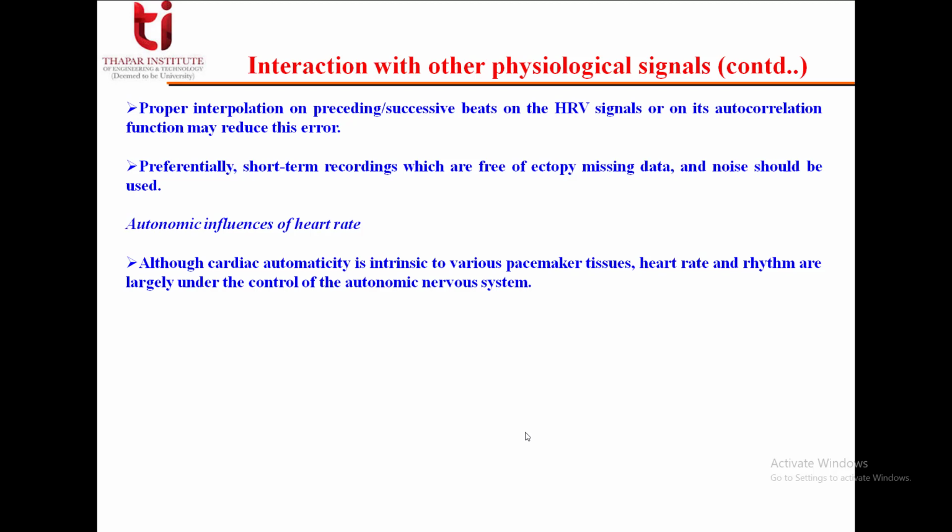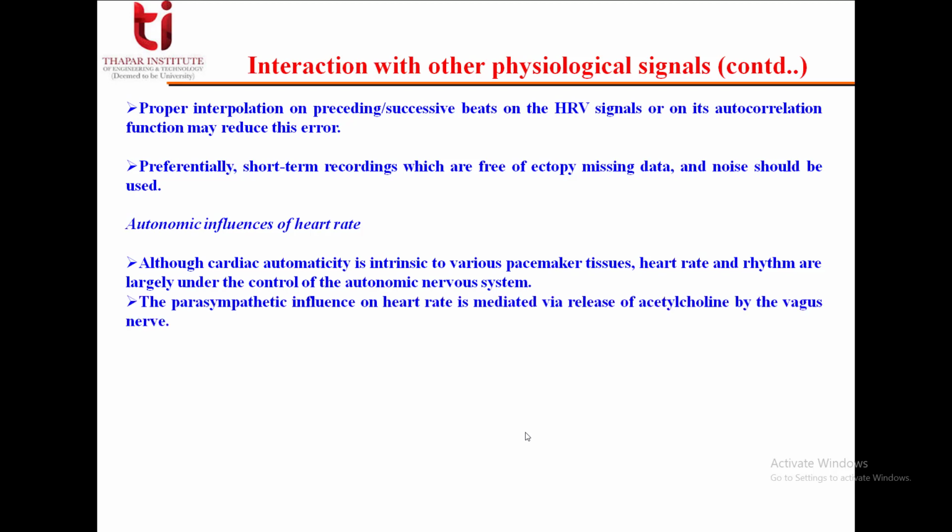Although cardiac automaticity is intrinsic to various pacemaker tissues, heart rate and rhythm are largely under the control of the autonomic nervous system. The parasympathetic influence on heart rate is mediated via release of acetylcholine by the vagus nerve.